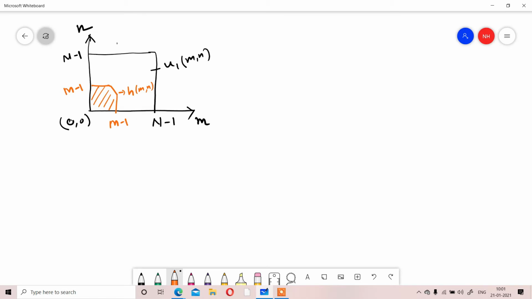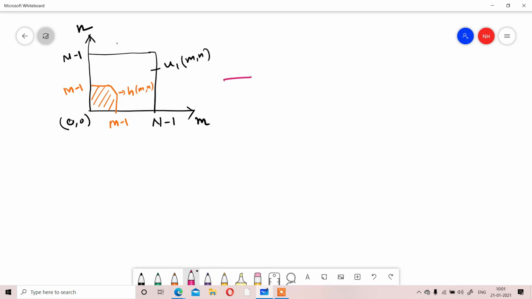As I have told you, h(m,n) is the smaller size, so it will be within u1(m,n). What you have to do is the circular convolution between these two images, h(m,n) and u1(m,n), and show what is actually happening. So pictorially, what is happening?